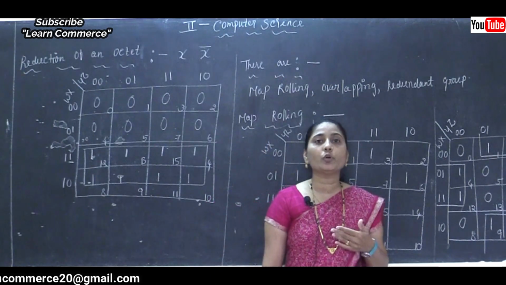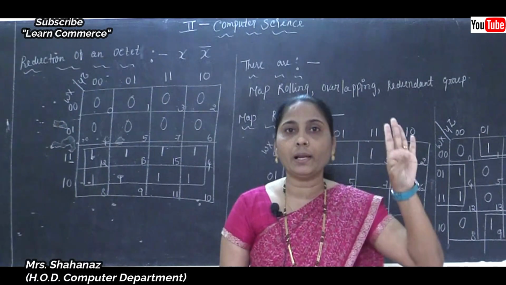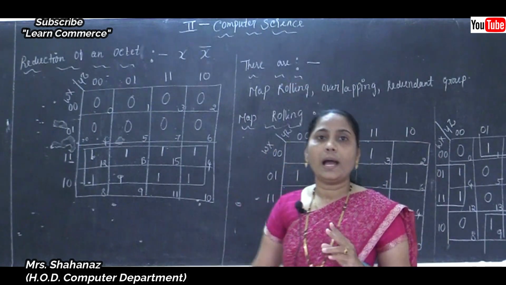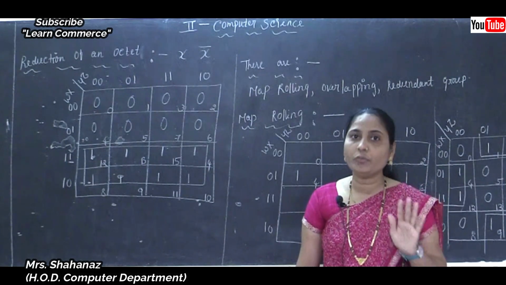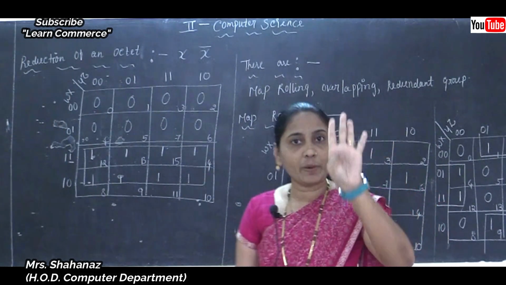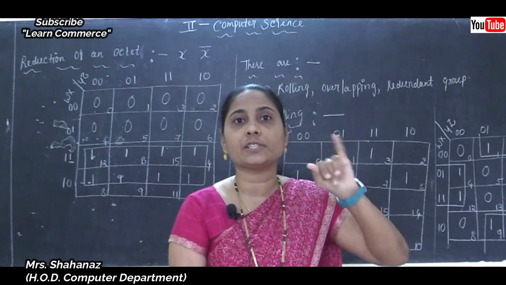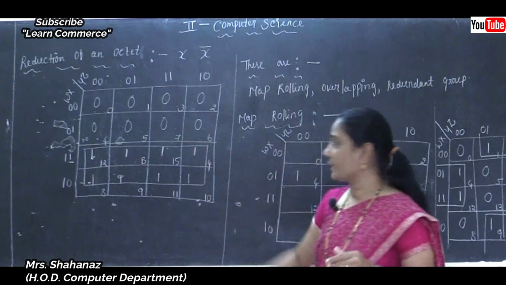We know that 2 variables are removed, so with 4 variables the final expression will be in 2 variables only. Now I said an octet removes 3 variables only. So for example, if 4 variables are there, it will give the result in only 1 variable. So this is about our octet.